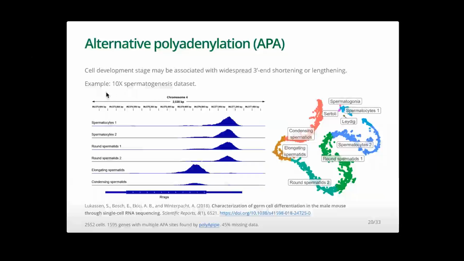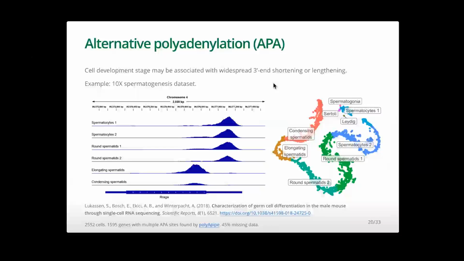This is 10x data. 10x, turns out it's another of these 3' focused protocols. And in particular, this is a spermatogenesis data set. It has this lovely T-SNE layout. And so the development is like clockwise around this.